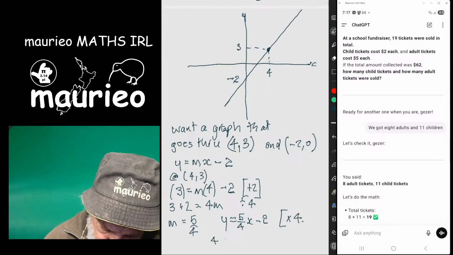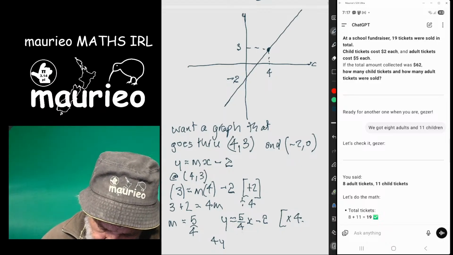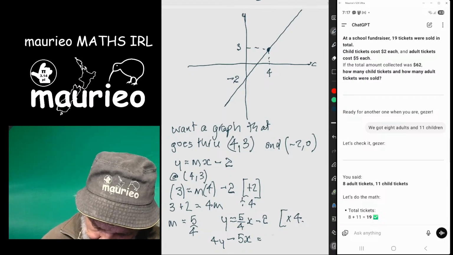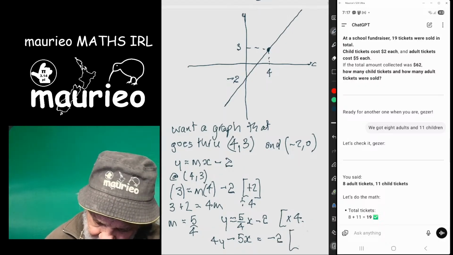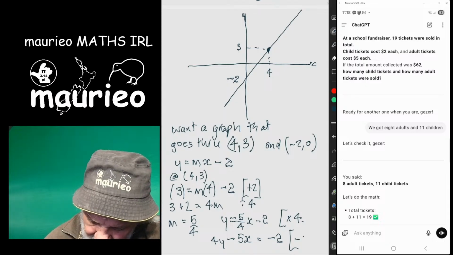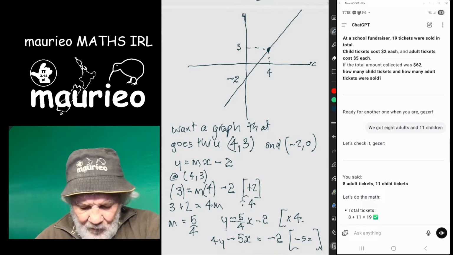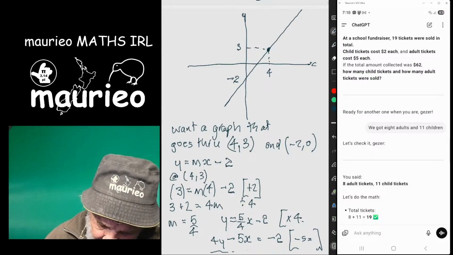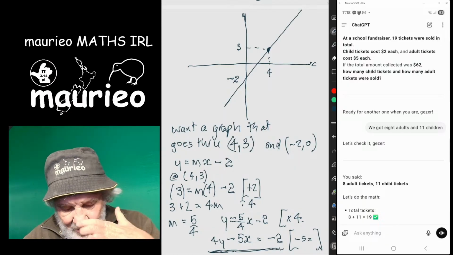We get 4y, okay, minus 5x equals negative 2. So here we did minus 5x to get that. Okay, 4y minus 5x equals negative 2. So that's one of our equations that we could use for a simultaneous equation.